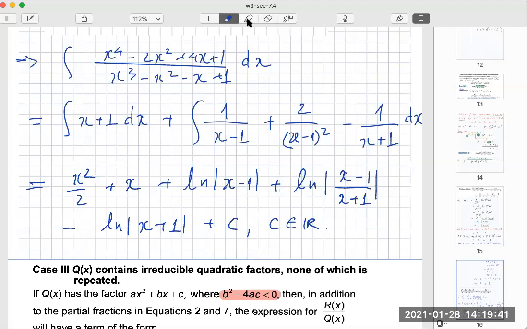In order to solve this guy, because we don't have time to solve it in detail, do you have any idea how to solve it? Any suggestion? Do substitution. Yeah. If we substitute u to be x minus 1, this becomes 1 over u squared.